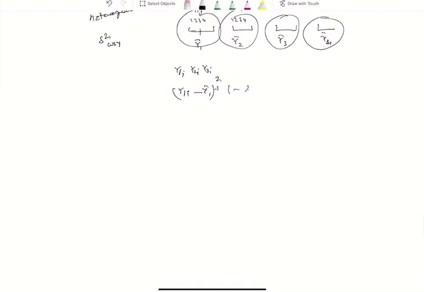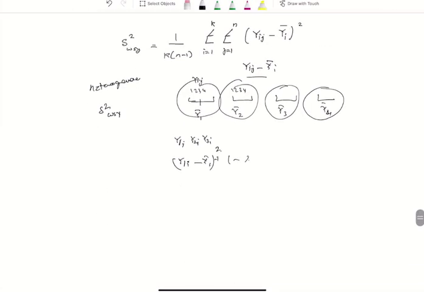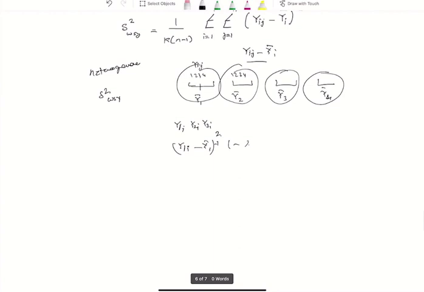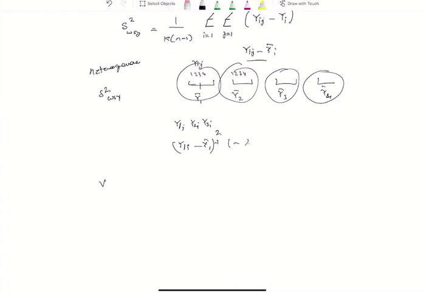Now, that is S square WSY, but then there is the variance of y bar st, the systematic sample mean, which is given by S square times (N minus 1) upon N, minus (n minus 1) times k over N, times S square WSY.